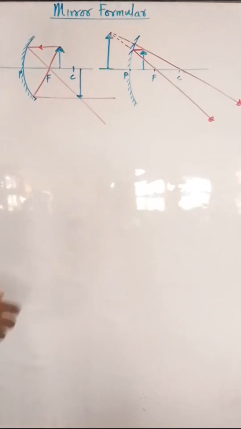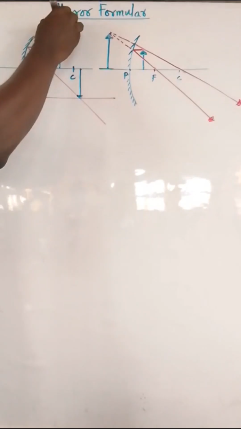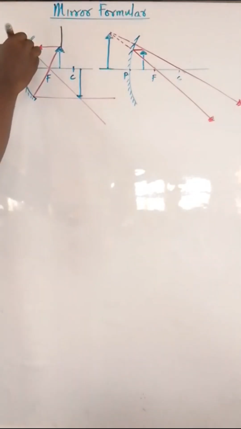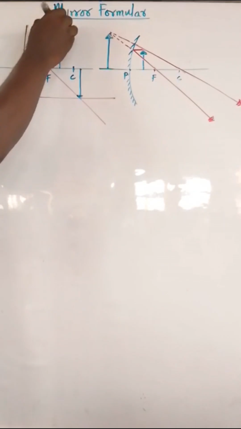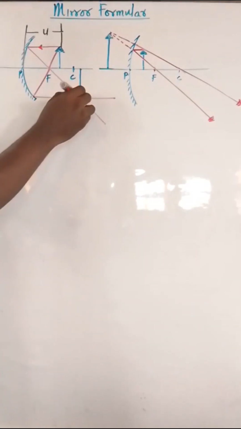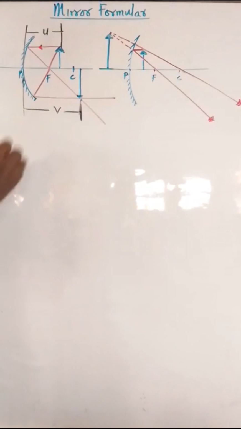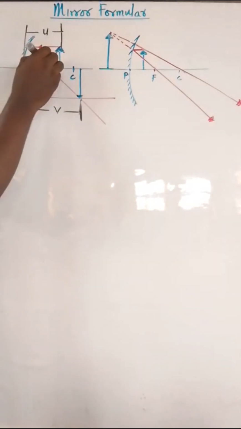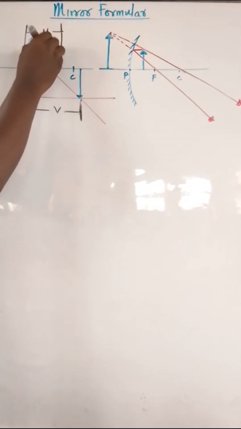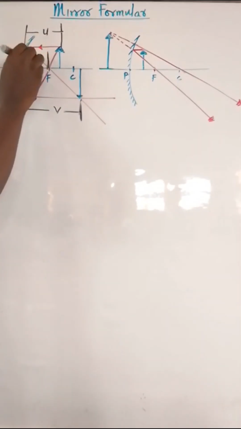So the mirror formula actually relates the object distance. This is the object, and to the pole, this is what we call the object distance u. This is the image, this is the pole. So this is the what? Image distance v. The distance between the principal focus and the pole is called the focal length.